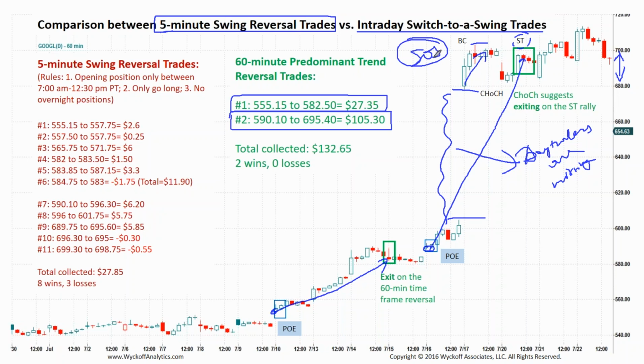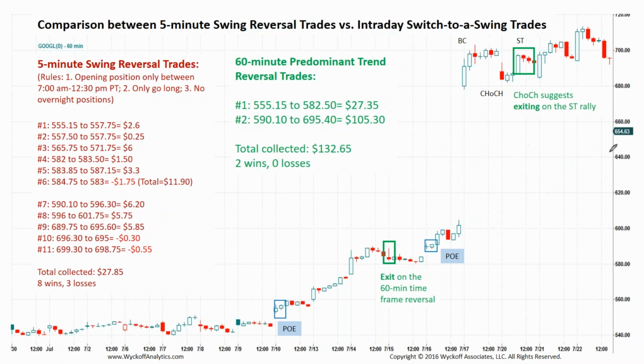So therefore, is this a profitable opportunity for me to make that switch from the intraday to the swing trades? Yes, it's definitely a very profitable idea. So 2 trades only, 2 wins, 0 losses, $132 collected over. And here are the stats for all of the trades.